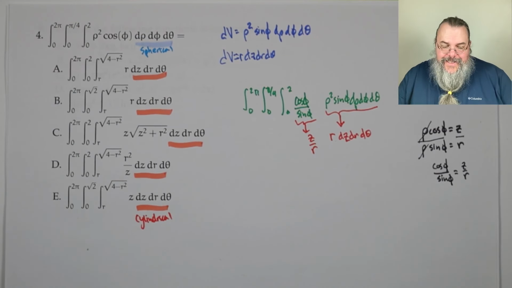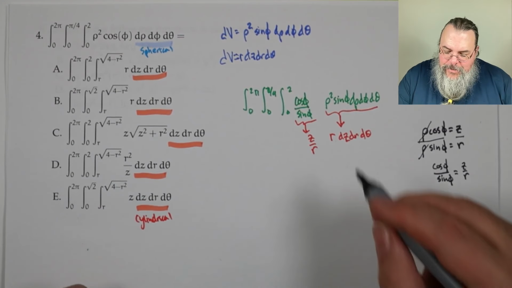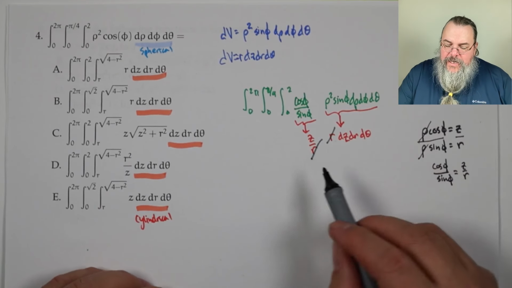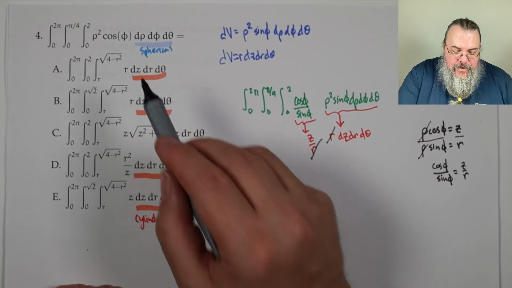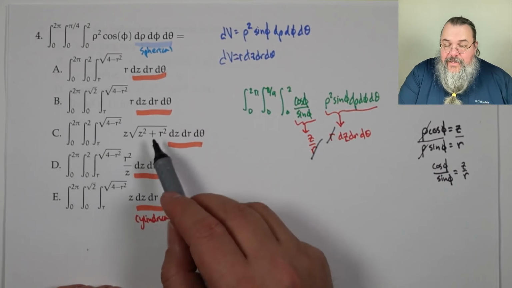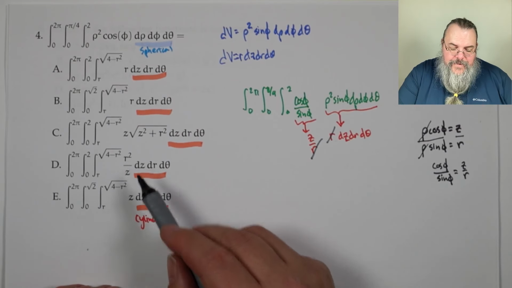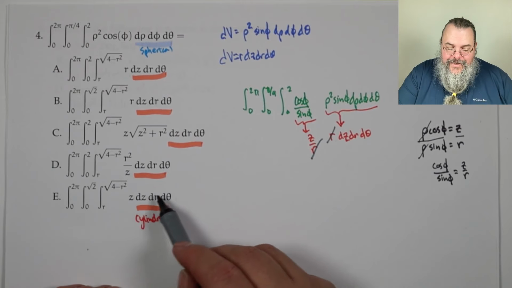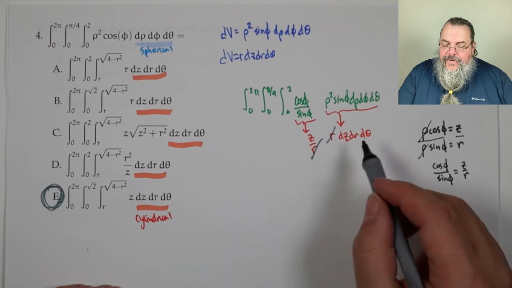Well, it says if you cancel the r's, what should we be integrating? We should be integrating z dz dr d theta. Well, okay, that's an r. Nope, that's an r. Nope, there's a z, but then there's other stuff, so that's not going to work. R squared over z. Nope. Z dz dr d theta. So the answer has to be E, because it's the only one that has the right stuff on the inside.